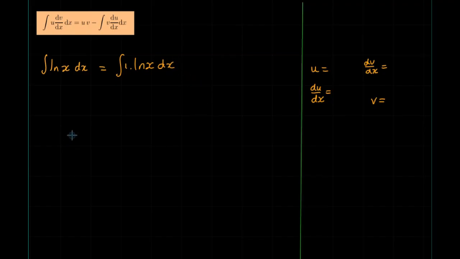We would normally let 1 be u, because when you differentiate it you get 0, and then that's easy to do, but that would mean that dv by dx would have to be log x, and we'd have to integrate that, and we don't know how to integrate log x. So instead, in this case, we're going to let u be log x, and we're going to let dv by dx be 1.